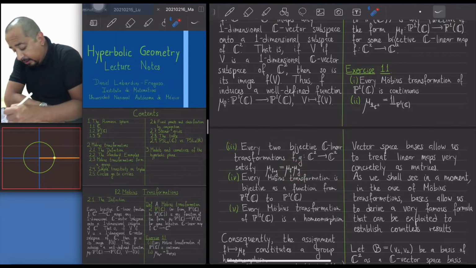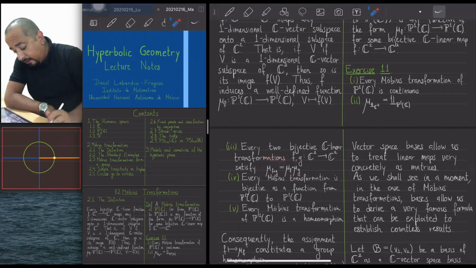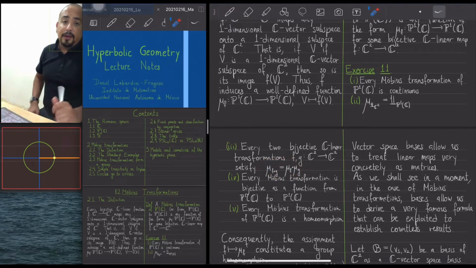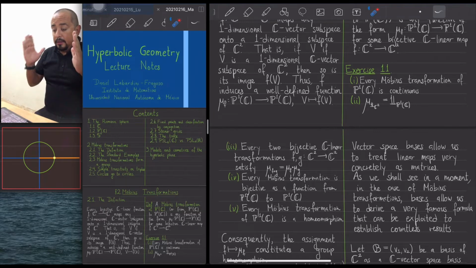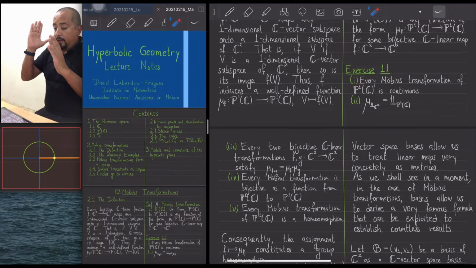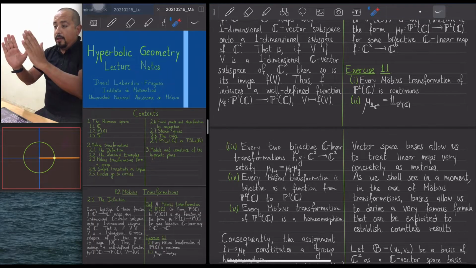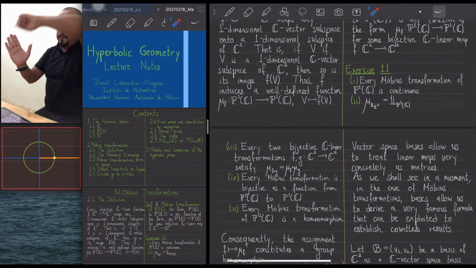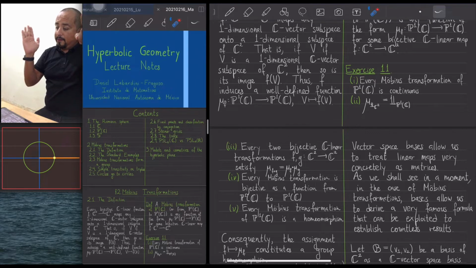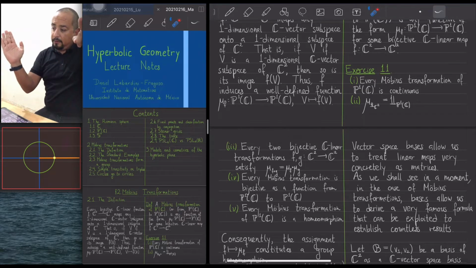And the reason is fairly simple. Take the linear map G from C squared to C squared, and then F from C squared to C squared, right? So we have the composition, and what's the image of a vector subspace under the composition?